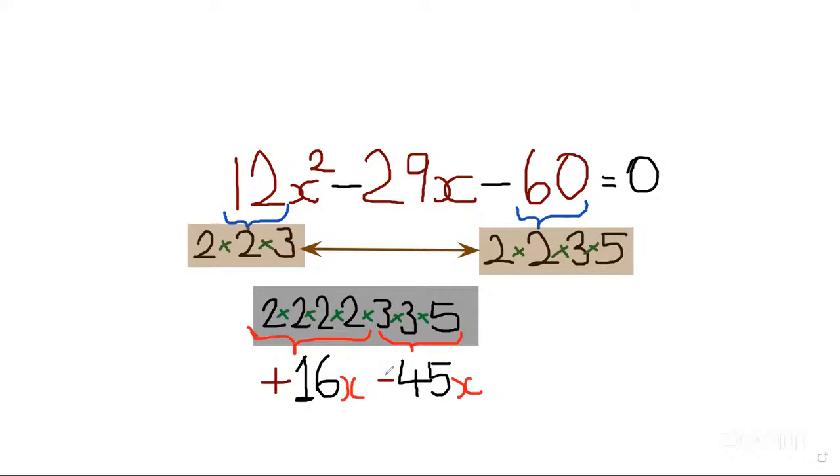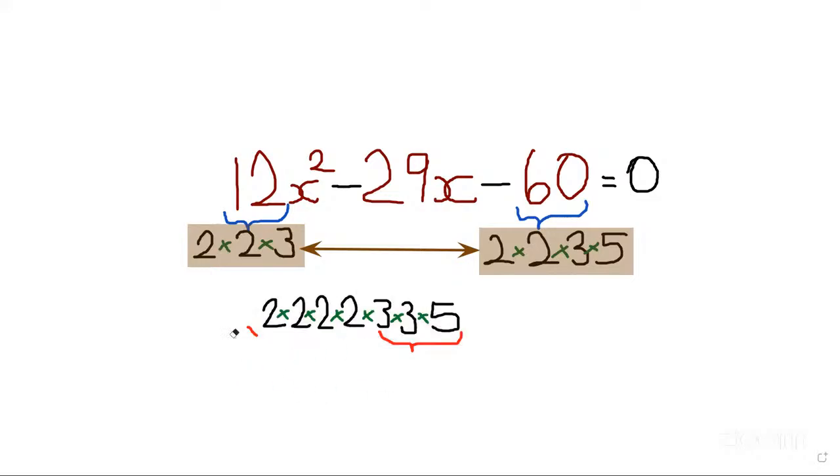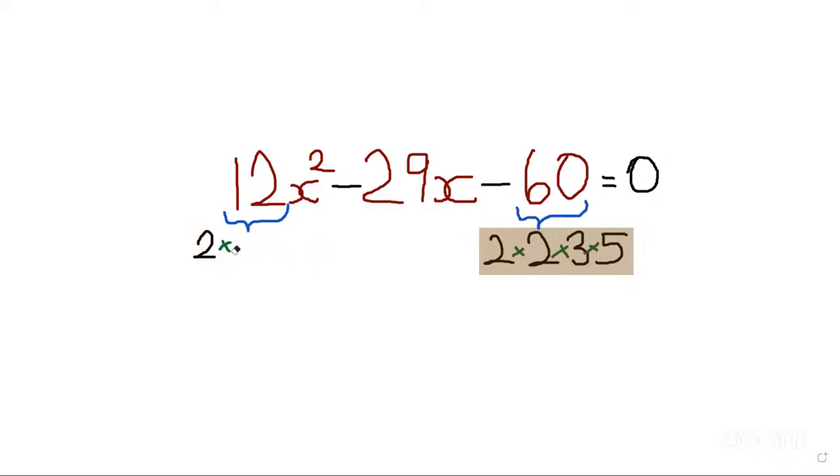And of course, if we decided, we could just write minus 45x in front of the plus 16x. We could do that. So you see how prime numbers aid us even when we go to the more advanced aspects of mathematics, even when we arrive here.